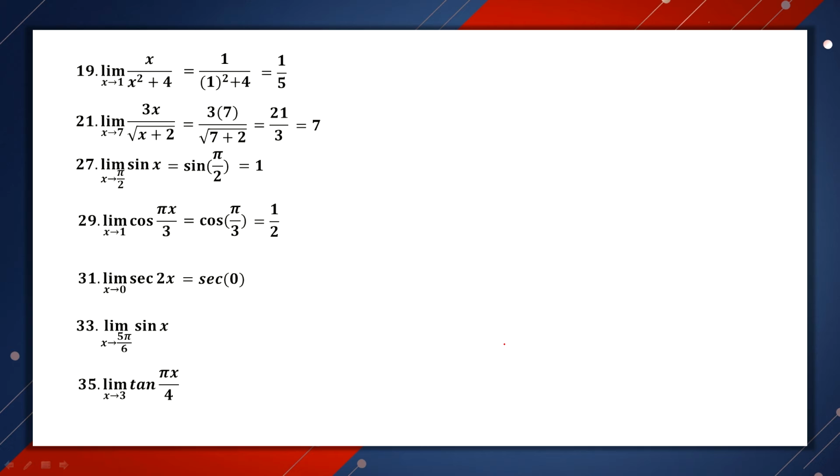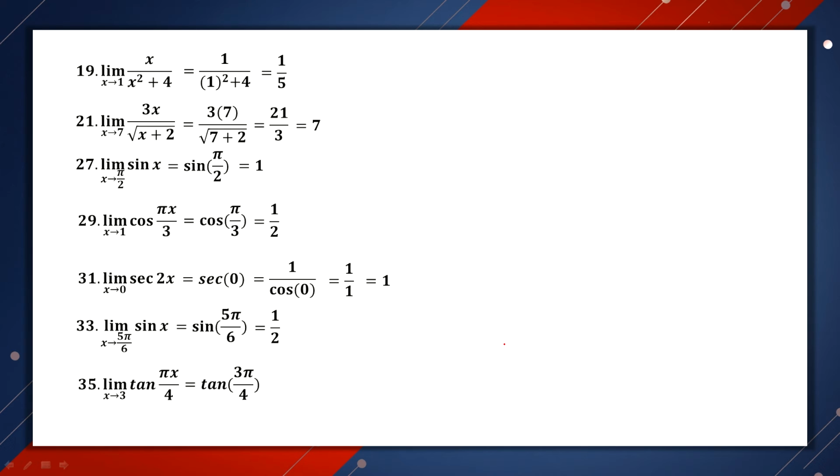And here is secant 2x, and x is equal to 0, so we get secant 0, which is 1 over cosine 0, and 1 over 1, which is 1. And next, sine x, where the limit for x is 5 pi over 6, and we substitute it into the function, and we get 1 over 2.